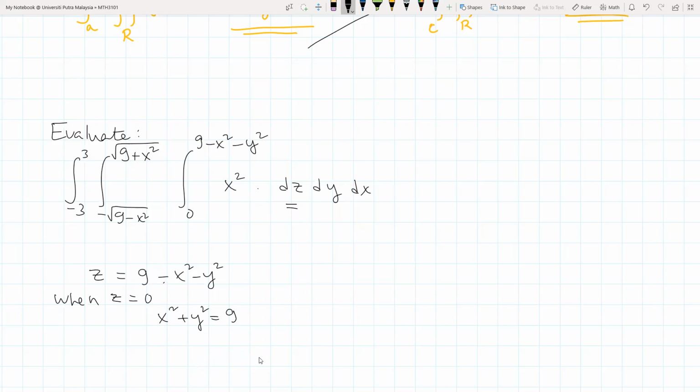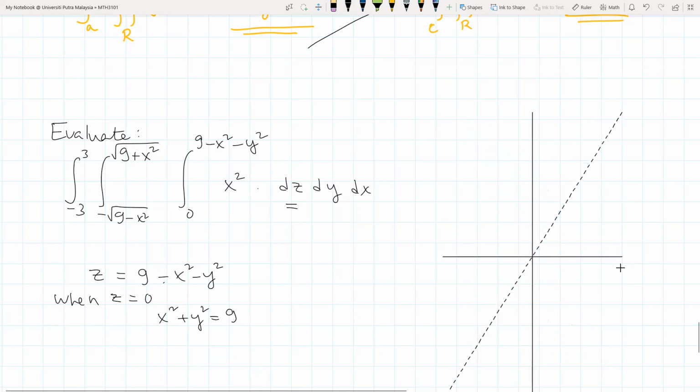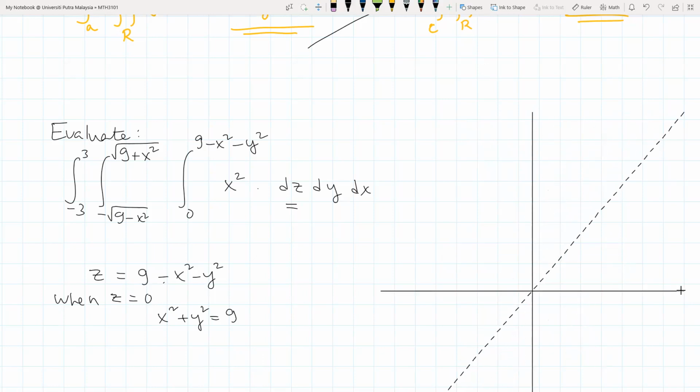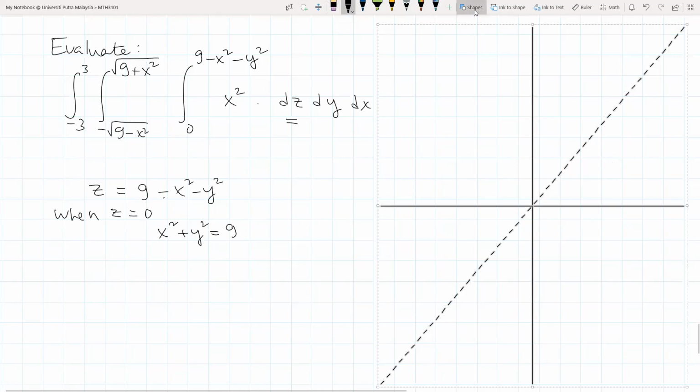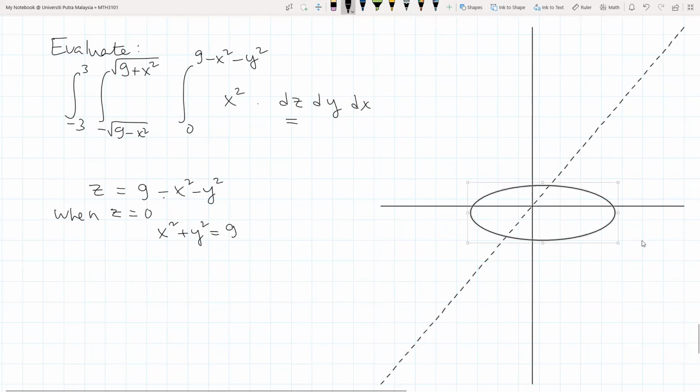Okay. So in this case, if you plot the figure, you can use the website that I gave to you. If you plot this, it will look something like this, like a circle on the xy plane, and then this is like a parabola.